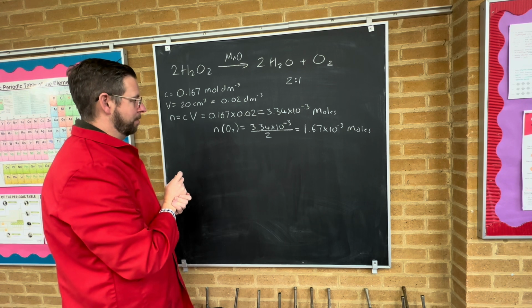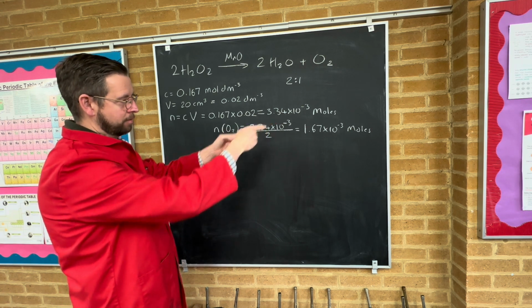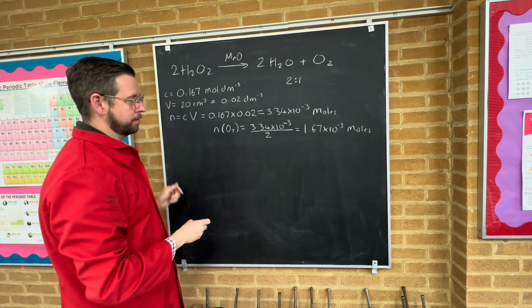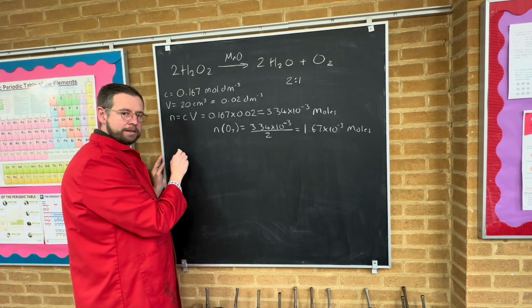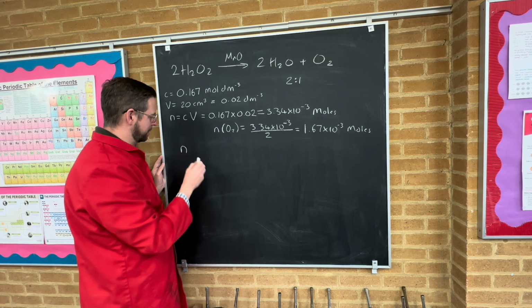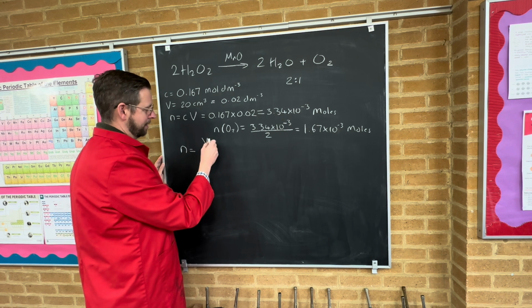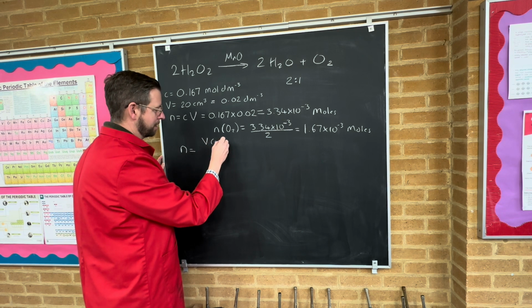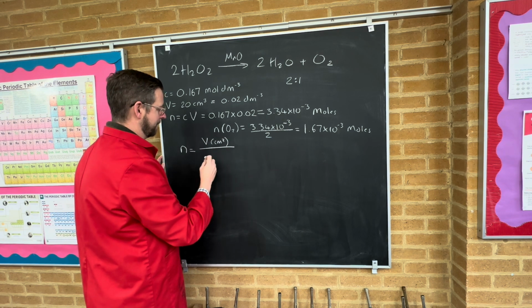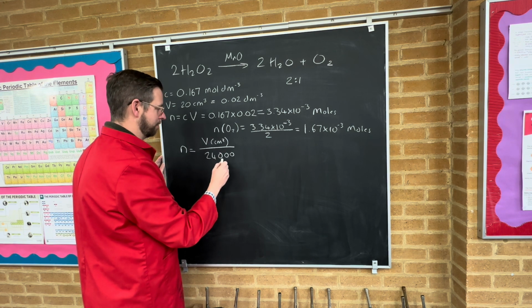Now, one thing that I want to do is see how much volume of gas that many moles could produce. So, remembering the formula at room temperature and pressure, the number of moles is equal to the volume, in this case in centimetres cubed, divided by the molar gas volume, which is 24,000 centimetres cubed.